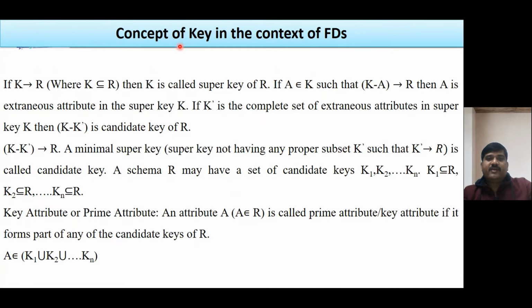Now see here the concept of the key in the context of FDs. Here K is a set of attributes and R is the set of all attributes, and where K is a subset or equal to R, then K is called super key of R. Why? Because this set uniquely identifies the table.